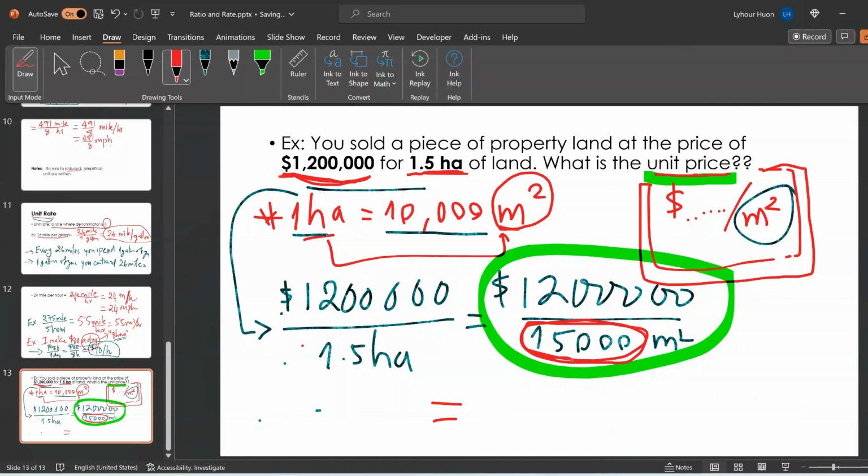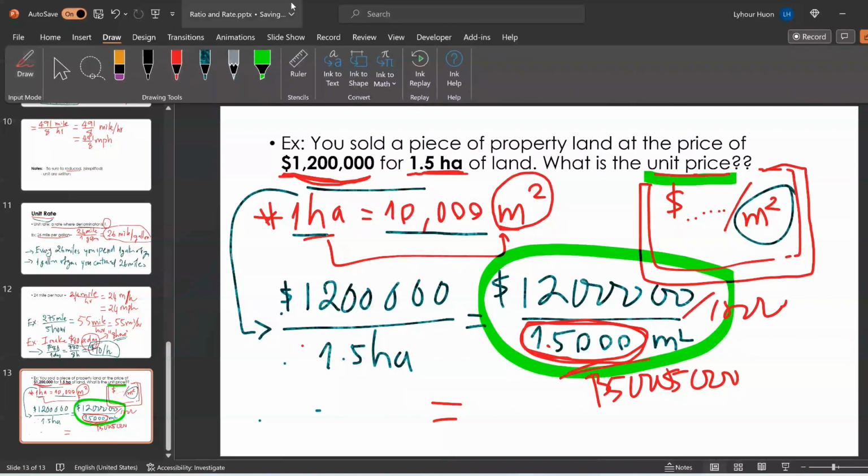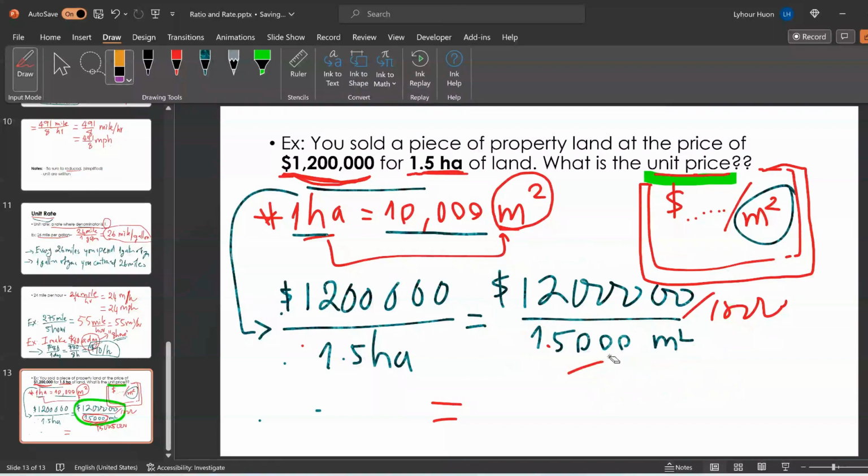If we divide by 3, we will still have a denominator of 5,000. It's not 1 yet. So we divide by 15,000, and then our denominator becomes 1.